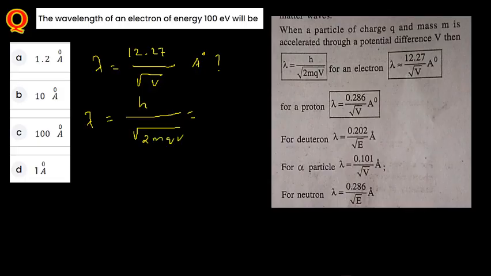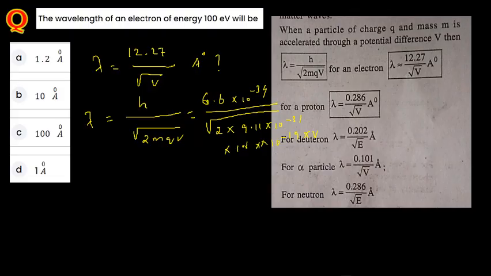For this one I will mention all the values. The h value here is 6.624 into 10 to the power minus 34, and the square root of 2 into the mass of the electron, which is 9.11 into 10 power minus 31, into the charge, which is 1.6 into 10 power minus 19, into V. From this you can understand.